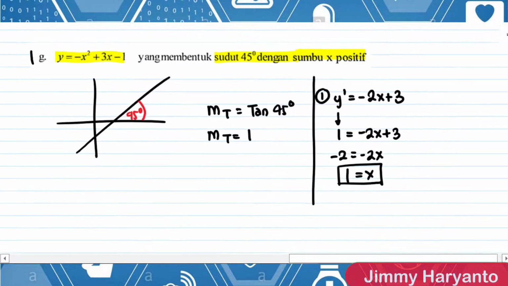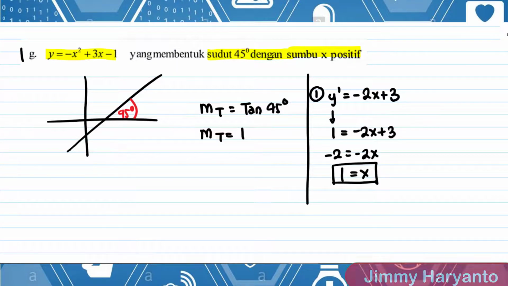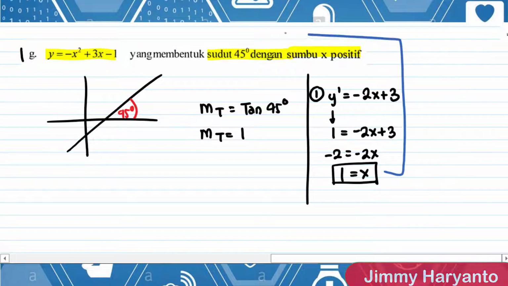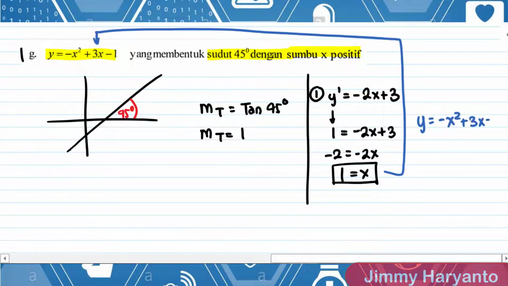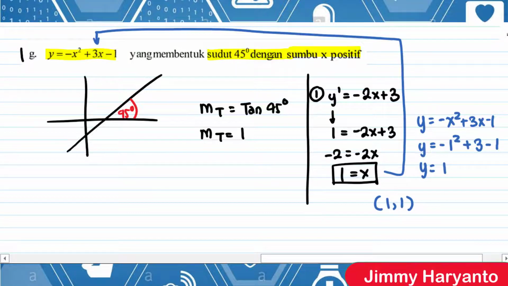Okay, next is to find the point. To find the point, I can substitute this x into the y. So I have y equals negative x squared plus 3x minus 1, right? If we substitute x with 1, you will have negative 1 squared plus 3 minus 1, and therefore you will get 1. So the point is (1, 1).